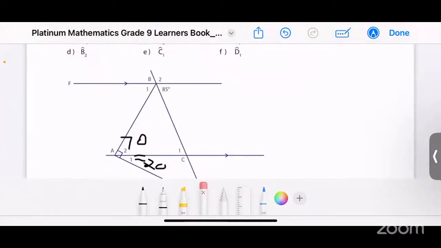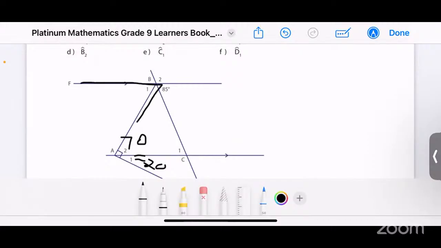Let's go on B. We do B1 using the alternate angles. Remember, I want to show you, then I'll erase.